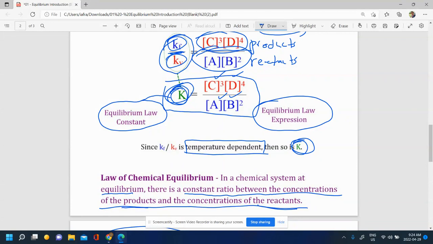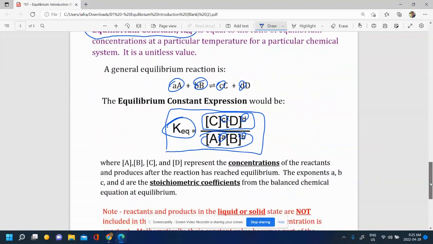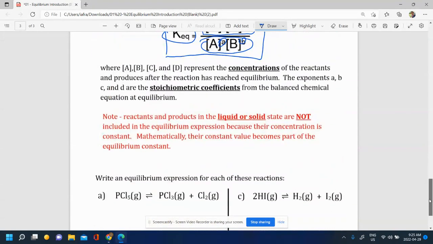Because rates are affected by temperature, your K value will be affected by temperature as well. So it is important to conduct your experiments at constant temperatures, or to state what temperature you're doing an experiment at, so that we can have a nice control and a nice easy understanding of our equilibrium system at that point.